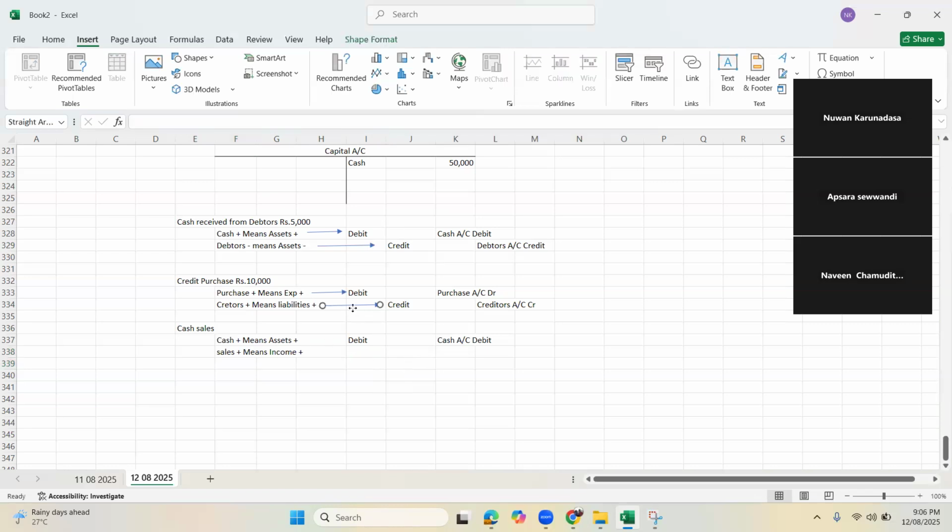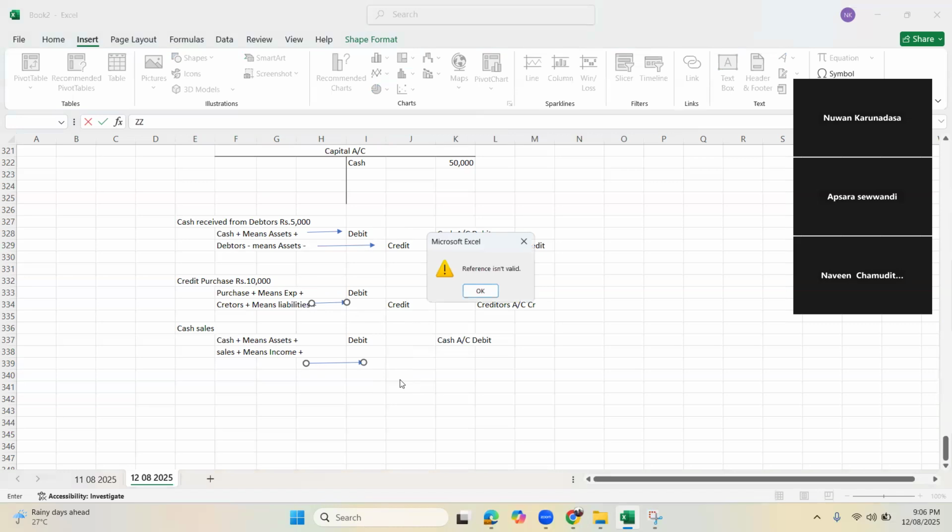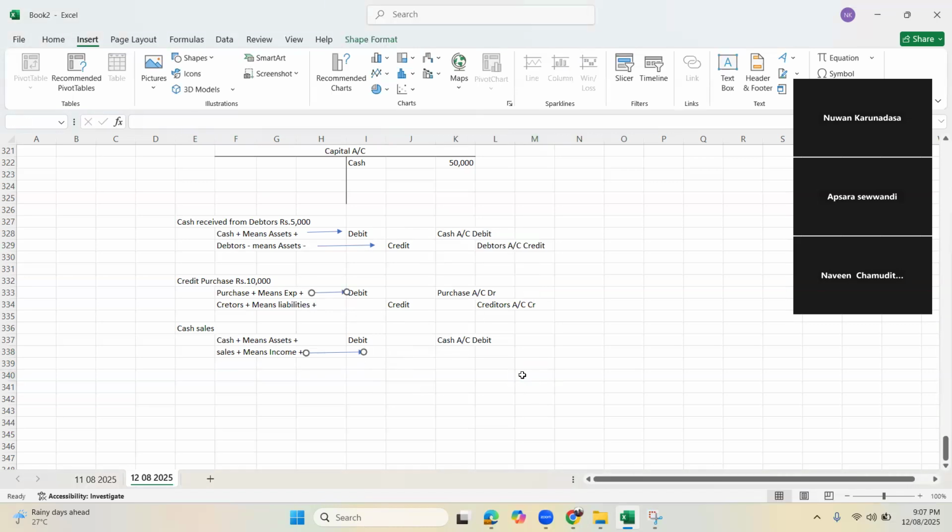Income increases, what do we do? Credit. Very good. So then the sales account credit. Understood?